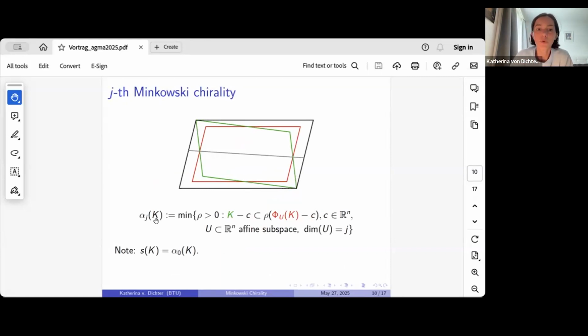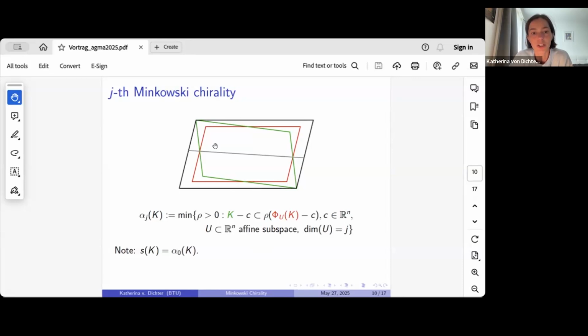In the same way as the Minkowski asymmetry was introduced, the chirality, which we denote by lambda j, is the smallest factor ρ such that K is contained in ρ times the transformed body K with respect to our affine subspace U. We also have the index j here, which is just the dimension of this subspace.